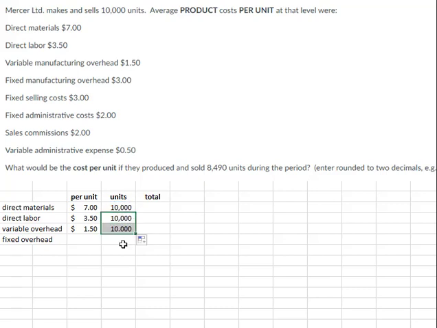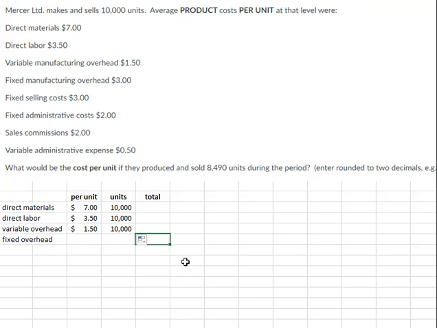fine. The fixed overhead per unit is really a weird thing, because there is no fixed cost that is a lump, right? Fixed cost is a total. So what I really want is this number here, this total. And so how do I get that? At the 10,000 level, it's $3, but at a different level, it won't be $3 a unit.